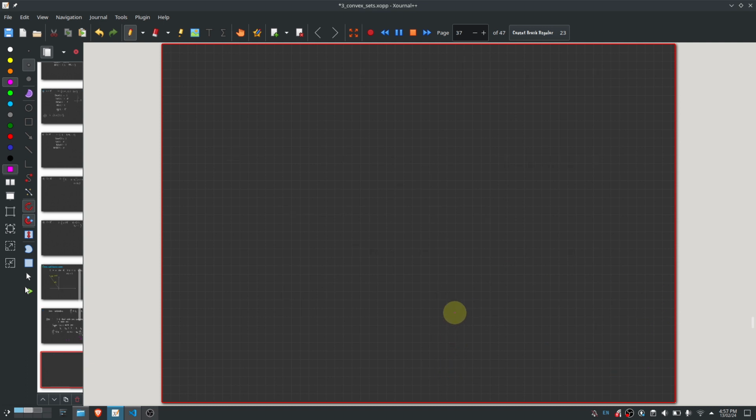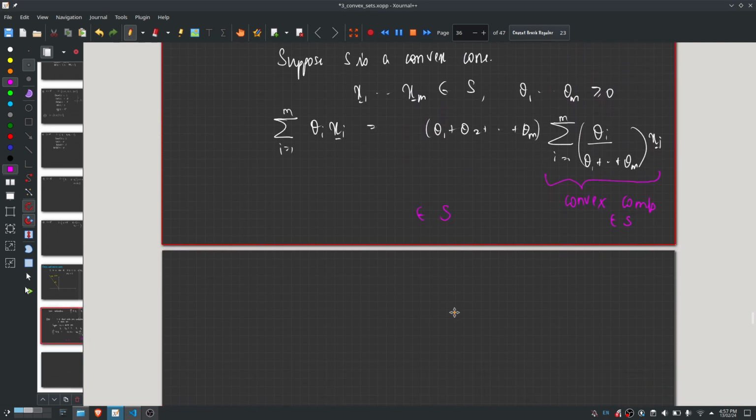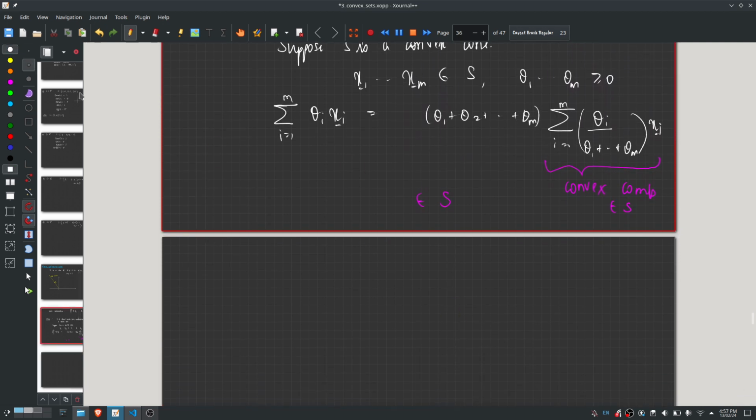What about the other way around? Now suppose it is closed under conic combinations. It should be a cone because it means that if x lies in S, then theta x also lies in S for all theta.